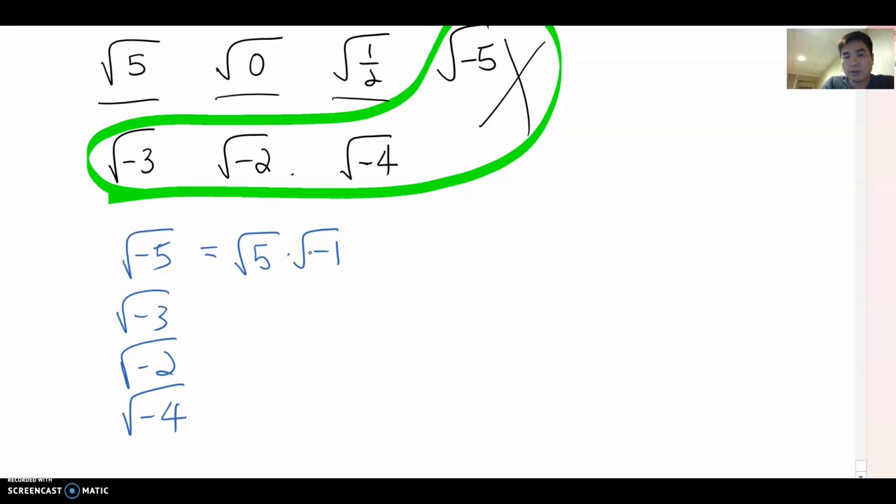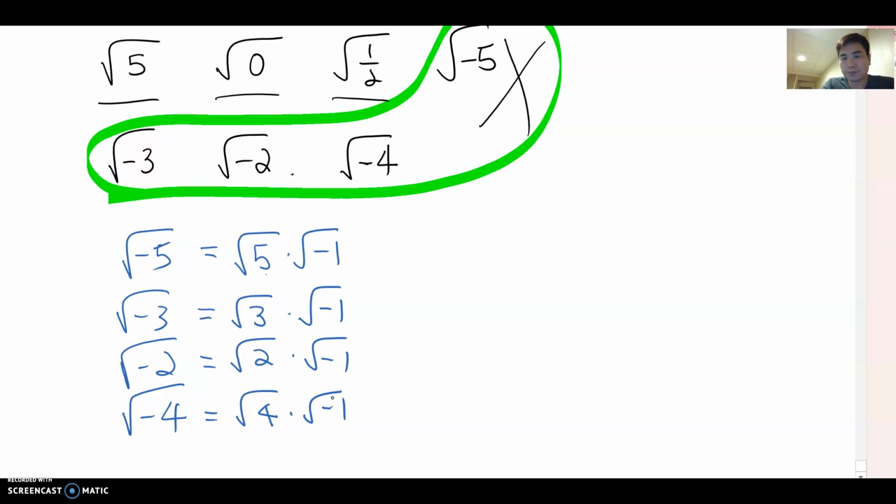Does it make sense to you? Yes. As you know, root 5 times root negative 1 becomes root negative 5, so it makes sense. And this also becomes root 3 times root negative 1. And this becomes root 2 times root negative 1. This becomes root 4 times root negative 1.